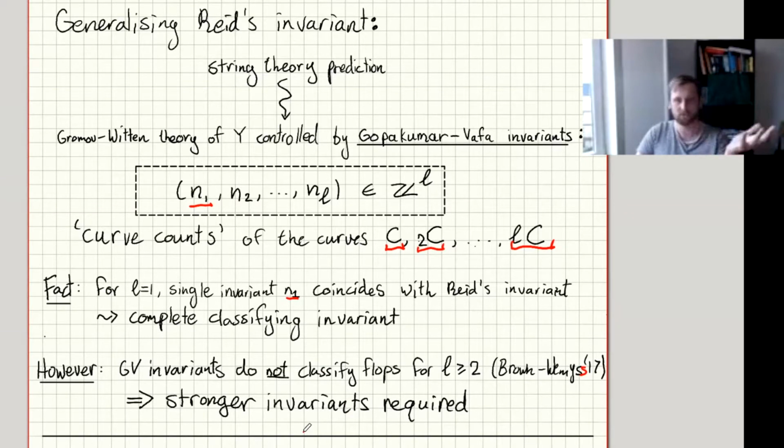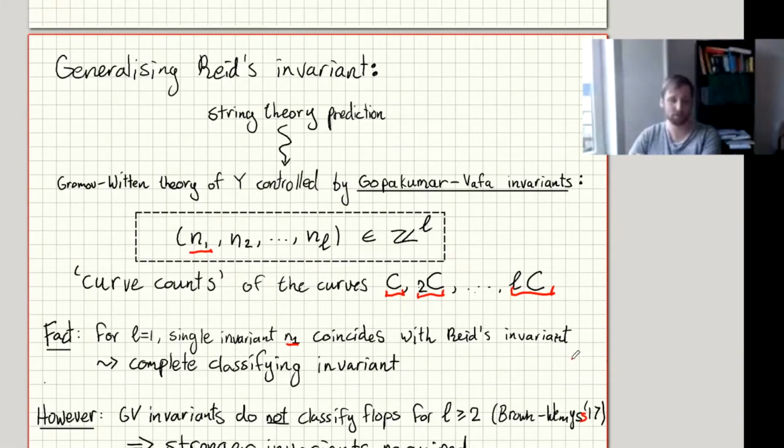So they show that there are multiple non-isomorphic flops which have the same GV invariants. So if we want to approach this classification, we need something stronger, some sort of other invariants. And so that's what this talk is about, exploring what we can say if we start looking at other invariants.